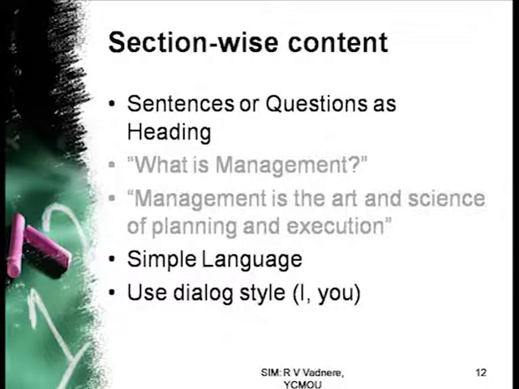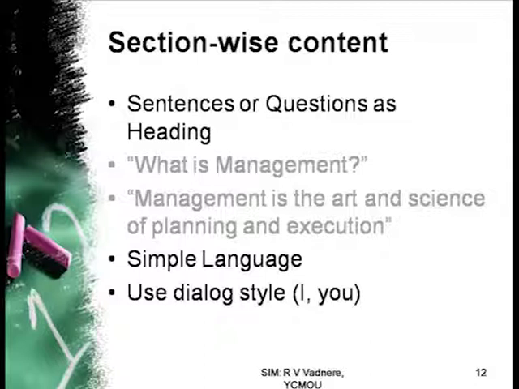Then it involves the student in a much better manner. This is something, if he remembers it, maybe many of his problems would be solved. And what follows after that heading is the elaboration of this concept that management is the art and science of planning and execution. Then it will create his interest and he will be able to go through it.